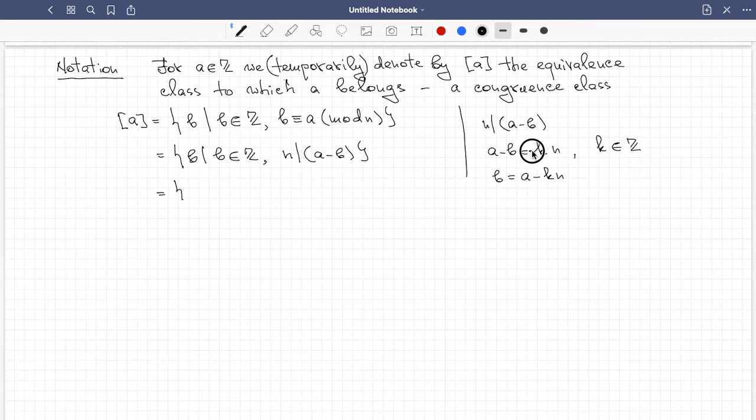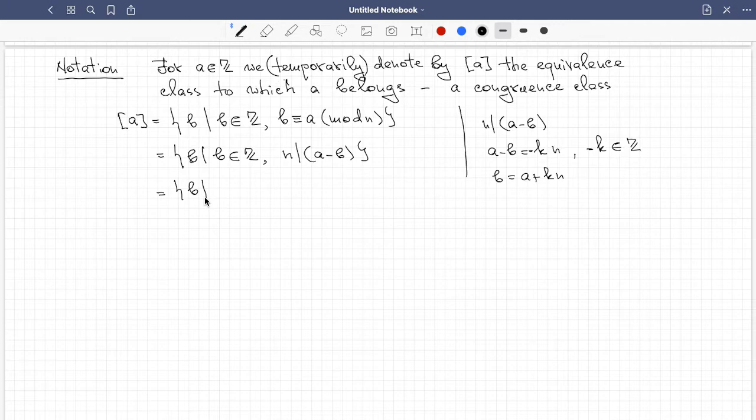It's the same thing. k is an integer or minus k is an integer, it does not matter. It's a matter of notation, and it's nicer to write plus here.